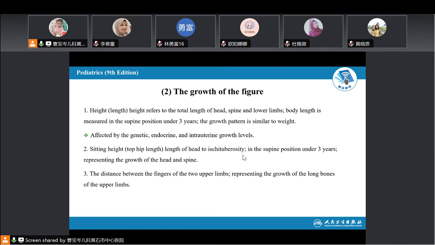Two, sitting height or crown-rump length, from head to buttocks, is measured in the supine position under 3 years, representing the growth of the head and spine. The arm span, the distance between the fingertips of the two upper limbs, represents the growth of the long bones of the upper limbs.